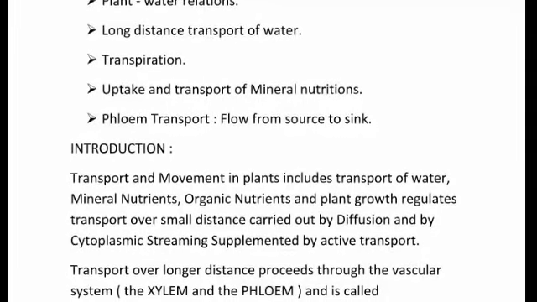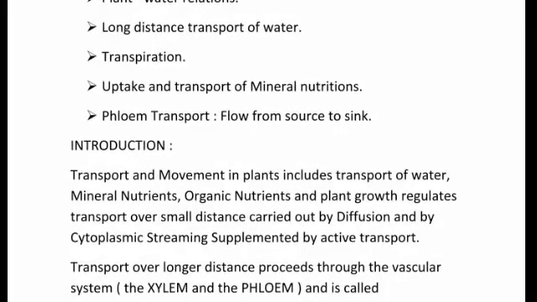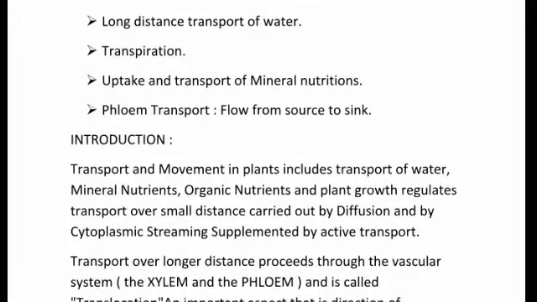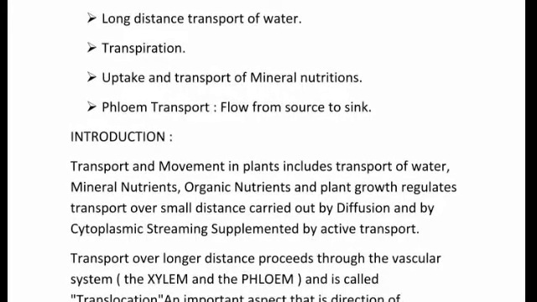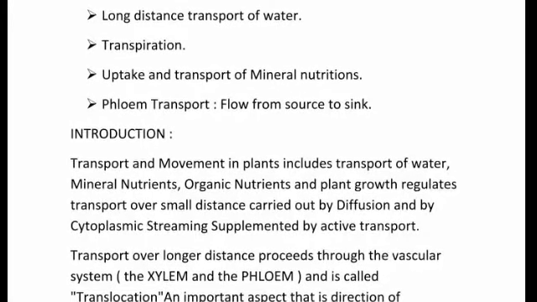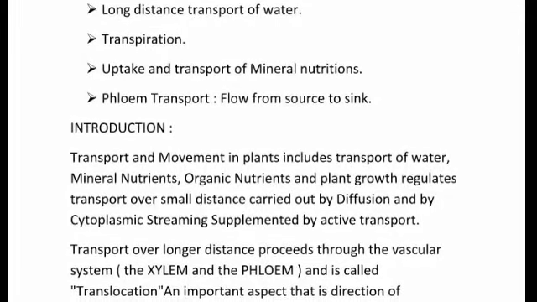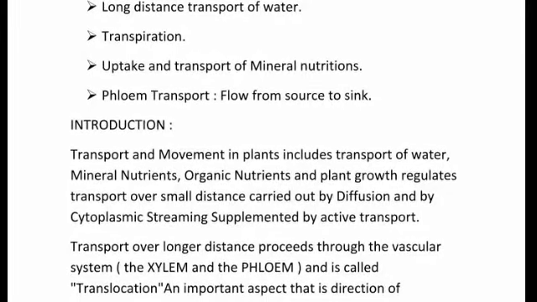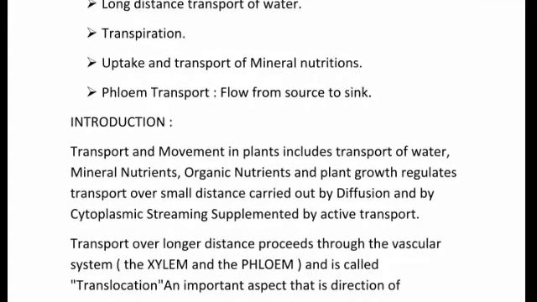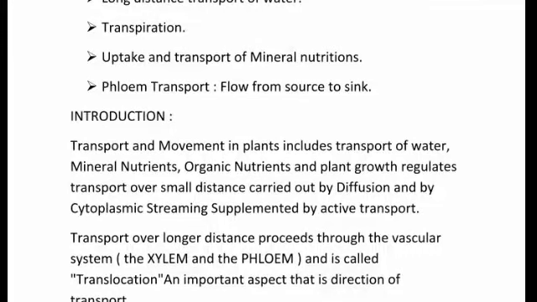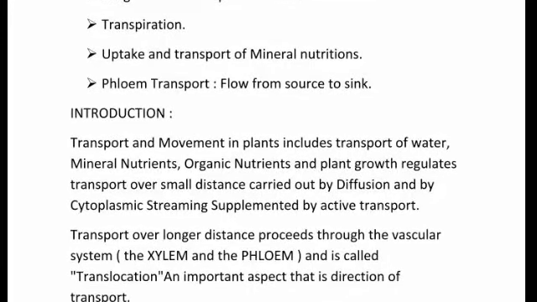In plants, transport over longer distance proceeds through the vascular system, that is xylem and phloem, and thus transportation is called translocation. So in plants, xylem is used for conduction of water and minerals, whereas phloem is used for conduction of food materials.